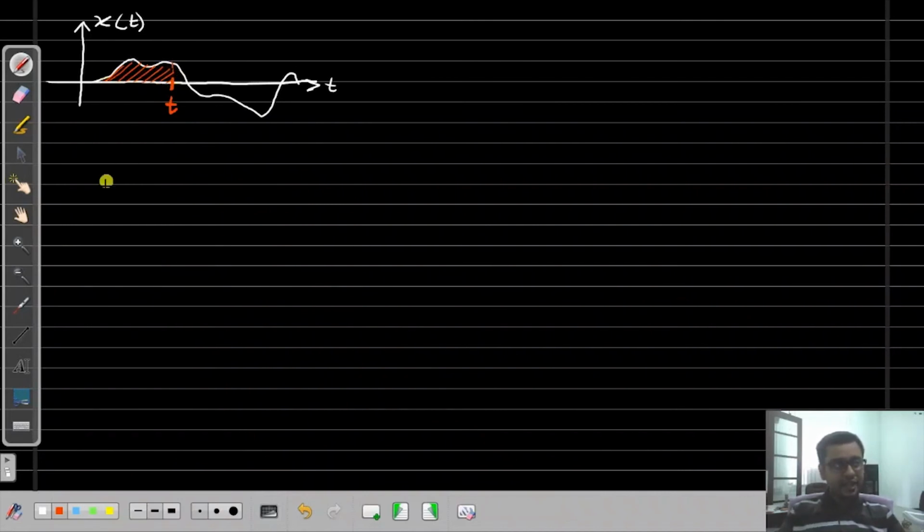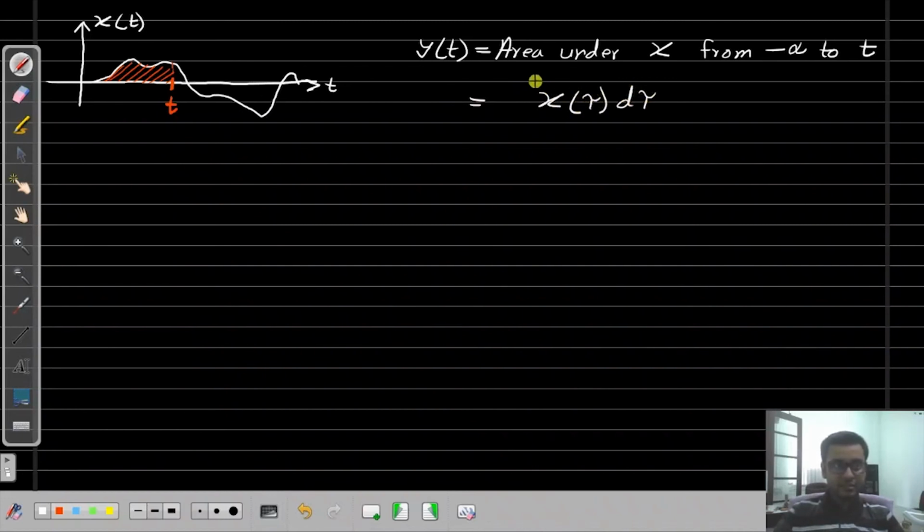Then that area, if we call that y of t, which is the area under x from minus infinity to time t, you may write it this way: x integrated from minus infinity to time t.